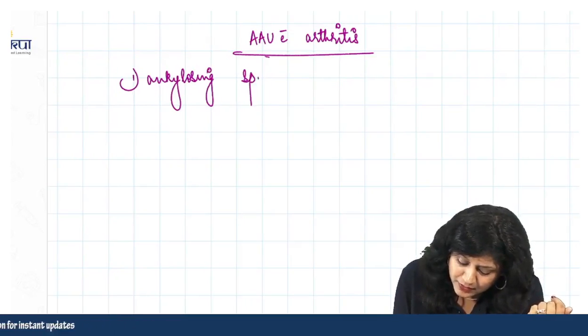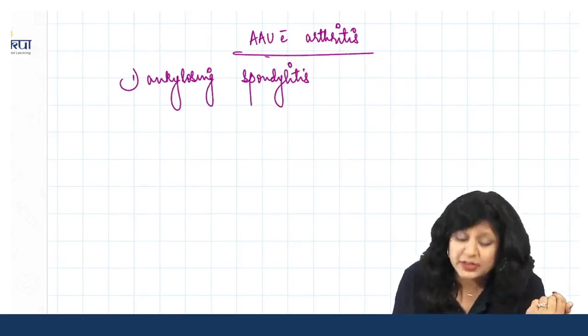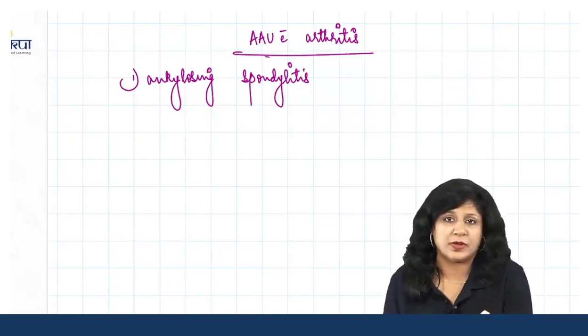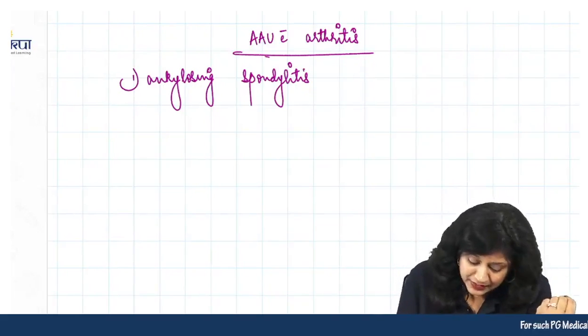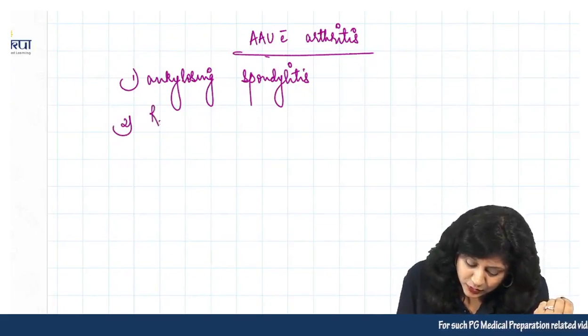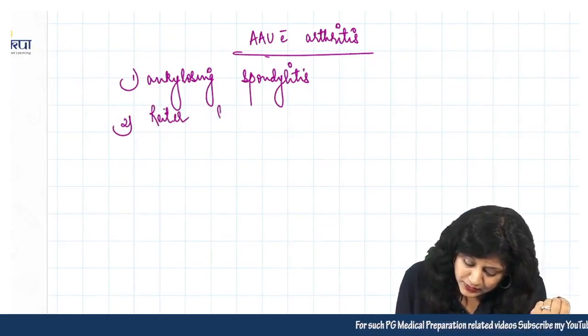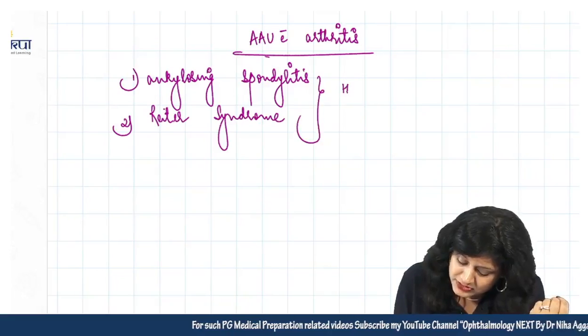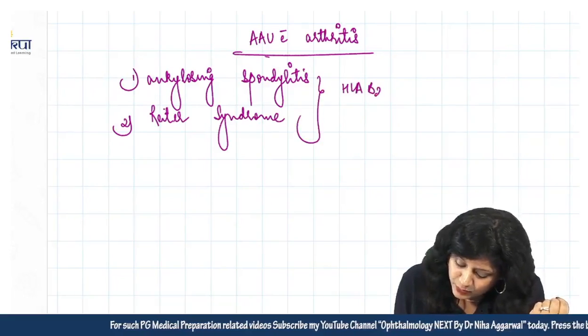spondylitis, if you remember, and it is always better to remember in this order because somewhere it sticks to the mind that this is the most common one if you are learning the right order. Then we have got Reiter syndrome. These are HLA B27 positive.